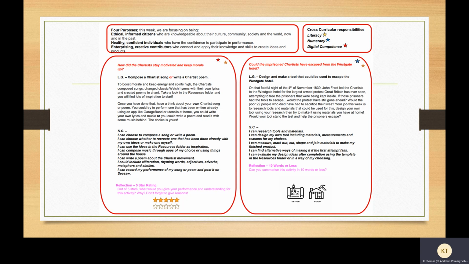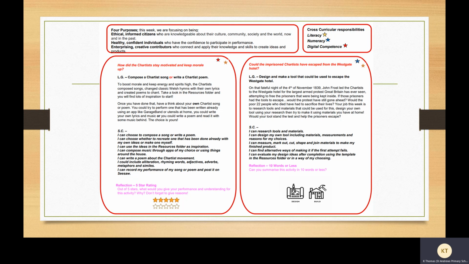So what is the success criteria? I can choose to compose a song or write a poem. I can choose whether to recreate one that has been done already with my own ideas or make one myself. I can use the ideas in the resources folder as inspiration. I can compose music through apps of my choice or using things around the house.